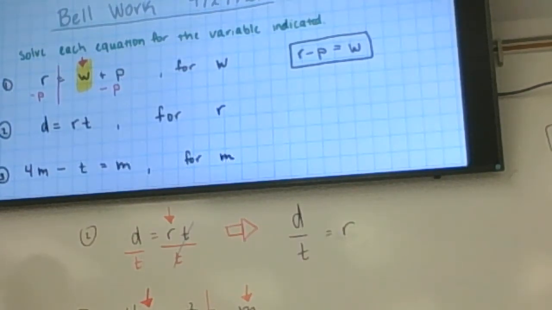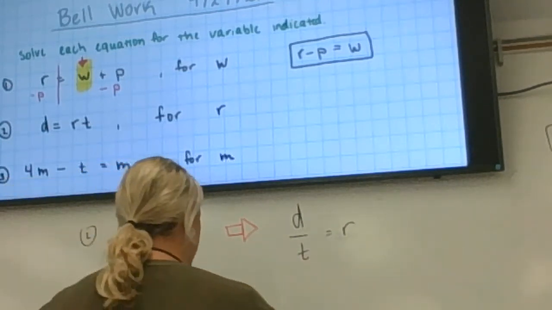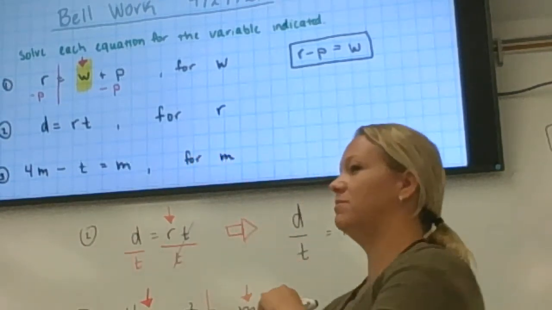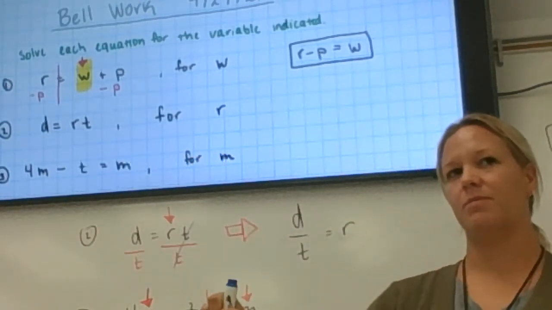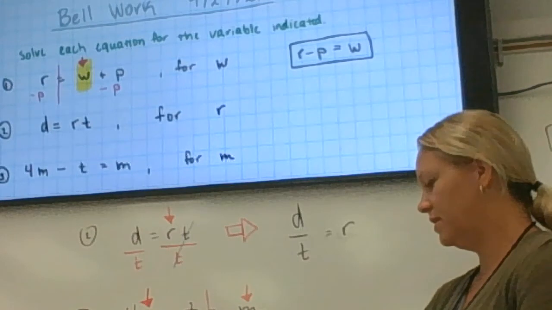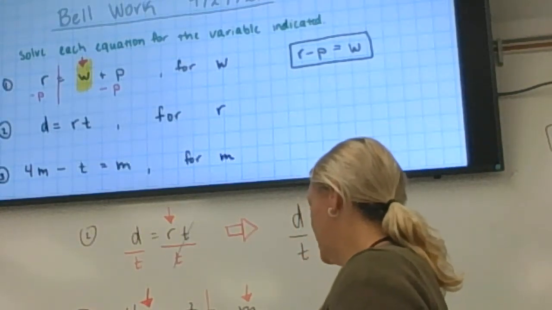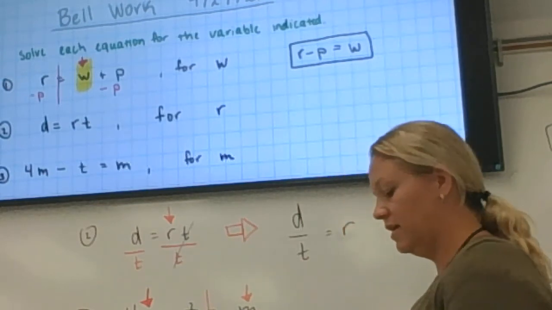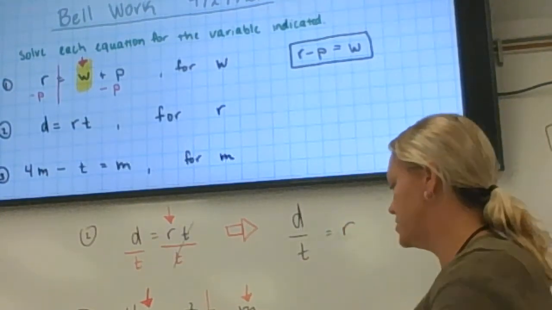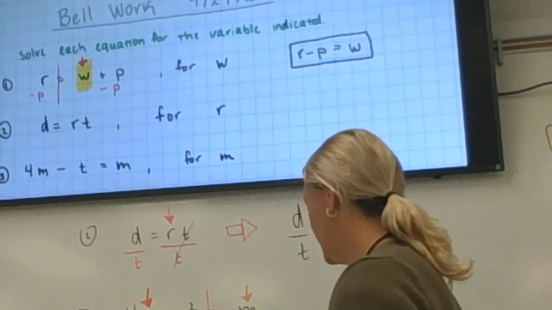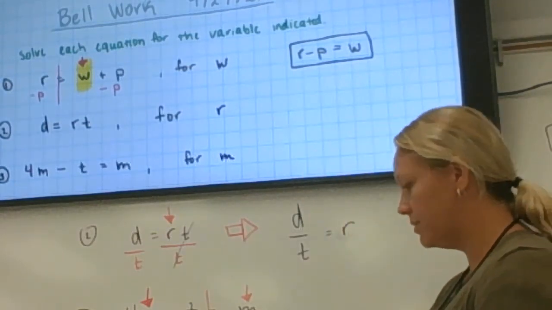Yeah, let's take the 4M. Let's cancel it. It's a positive 4M. I'm going to cancel it, and I'm going to move it here because the M's should be on the same side. They shouldn't be separated like that. That's just kind of simplifying. And this is a much more simple equation now. I'm not calling it easy, but it's more simplified.